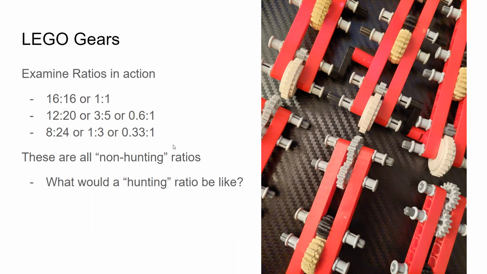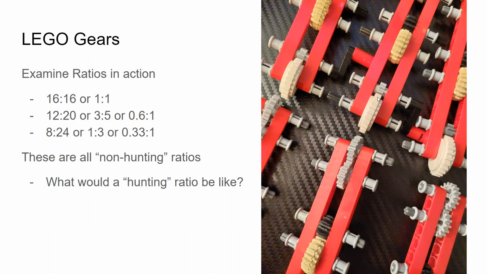Now, all of these ratios are known as non-hunting ratios. On the 16-tooth gear set, if I mark one of these teeth with a Sharpie and its companion tooth with a Sharpie, every time I turned that, those 2 teeth would always line up with each other every single time.